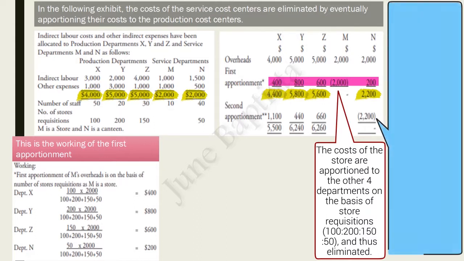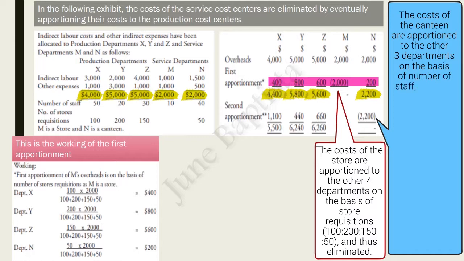The second apportionment is to apportion the costs of Service Department N, which is a canteen, to the other three departments X, Y, and Z, which are production departments. The costs of the canteen are apportioned to the other three departments on the basis of number of staff, and that is 50 is to 20 is to 30. Please note the number of staff in the service departments M and N are not included in the apportionment ratio.